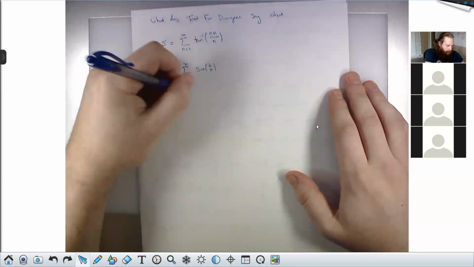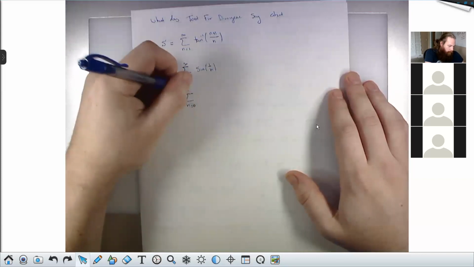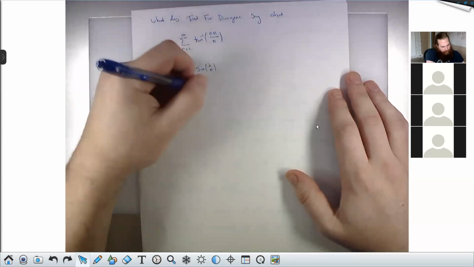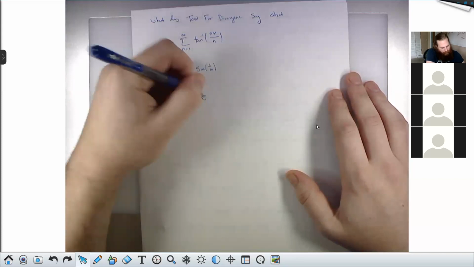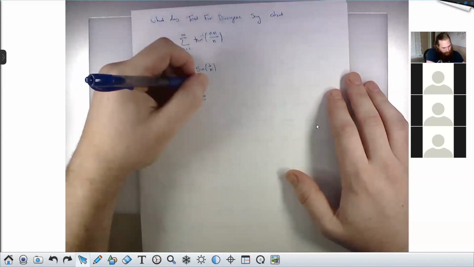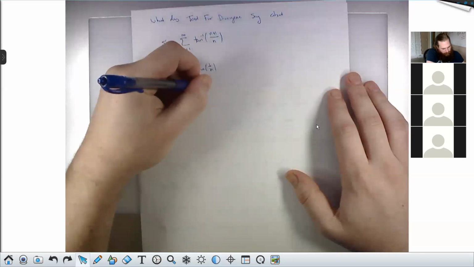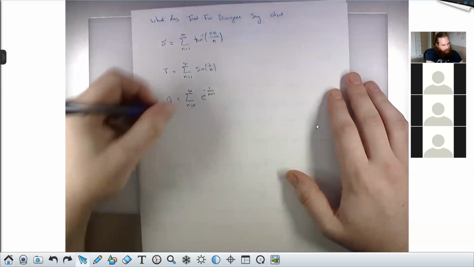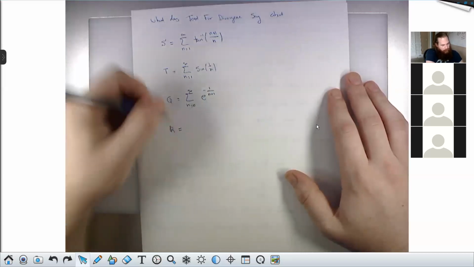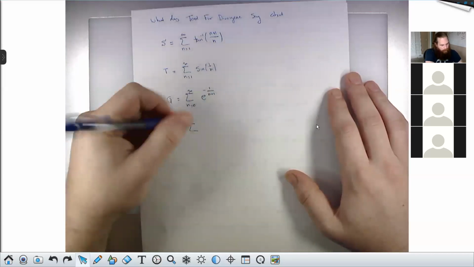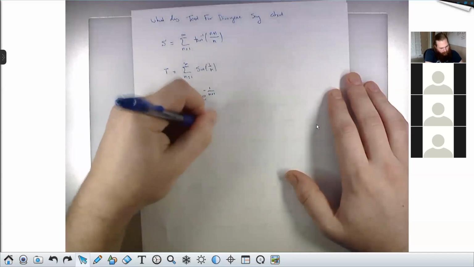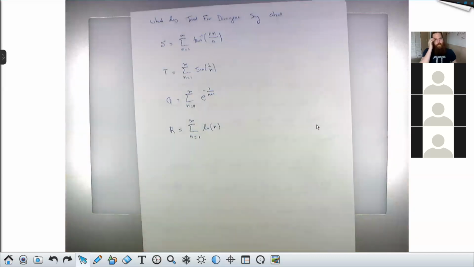Q can be sigma n from 0 to infinity, how about e raised to the negative 1 over (n plus 1). And let's do one more. R equals sigma n from 1 to infinity natural log of n.